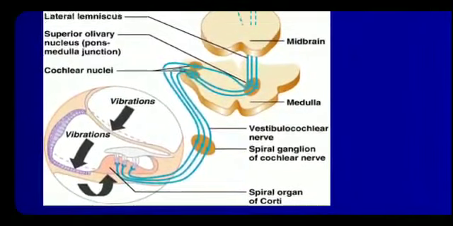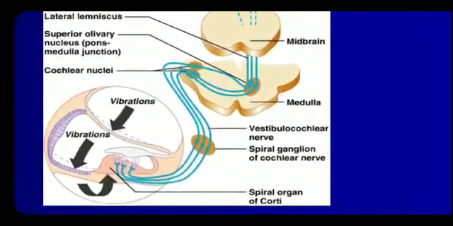So the spiral ganglion, you can see here the hair cells. So afferent fibers end in the spiral ganglion. So the spiral ganglion has the bipolar cells. So the first order neurons are the bipolar cells of the spiral ganglion.